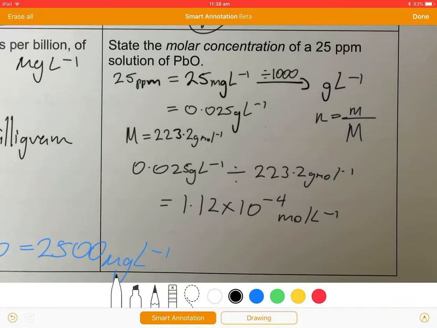Now that's a really small number, but that makes sense because you've only got 25 parts of a 1 million part solution. So it makes sense that this number here is really small.